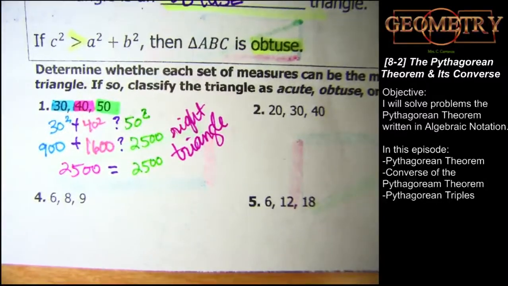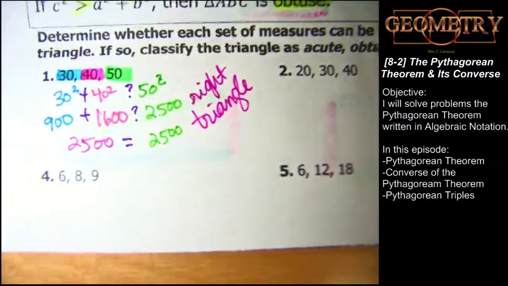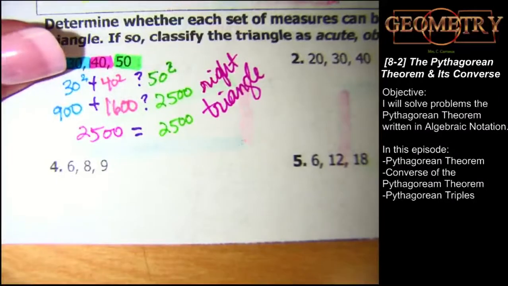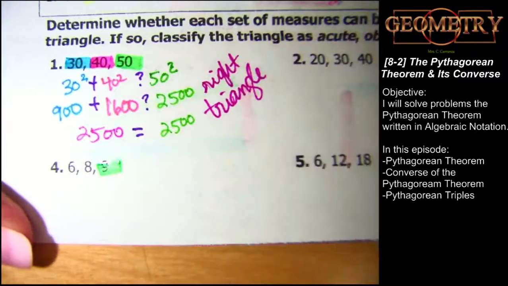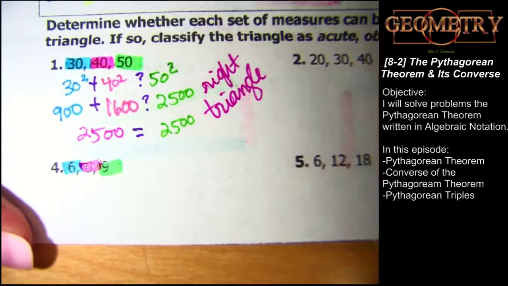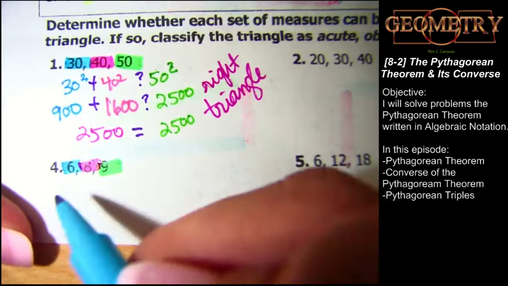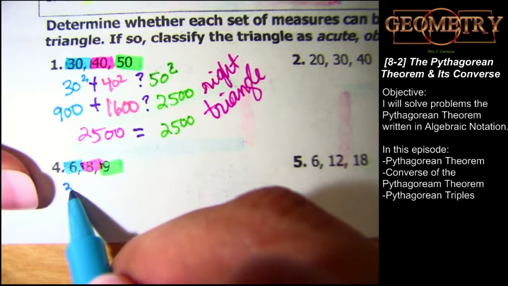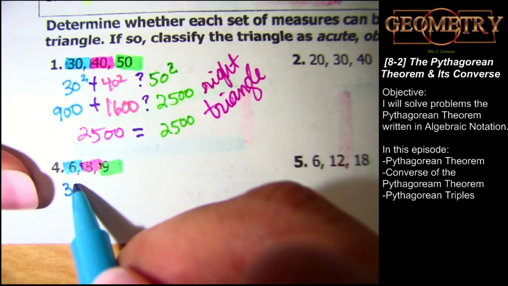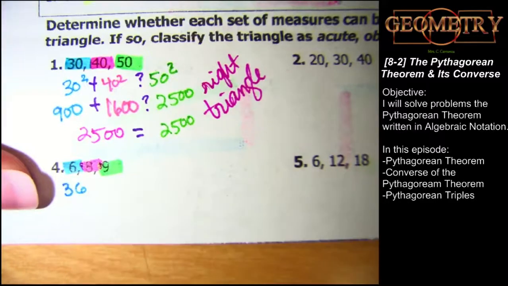Let's look at number 4. Same setup. The biggest side is going to be our C. I'm going to color that green for you. So there's the biggest number. The other two are going to be our A and our B, and it doesn't matter what order you put those in. 6 squared is 36.